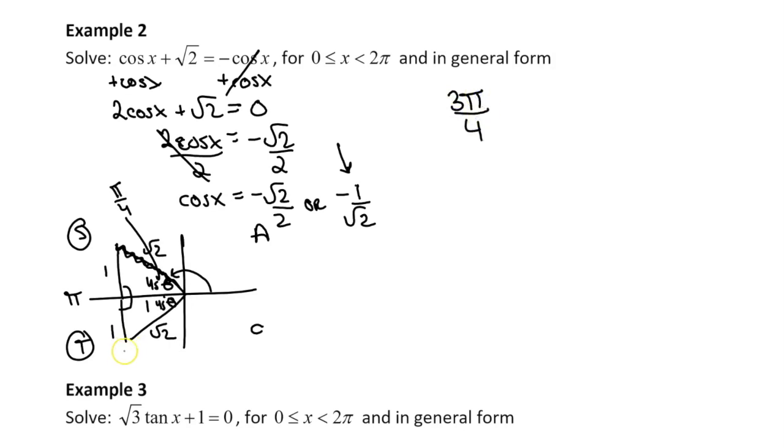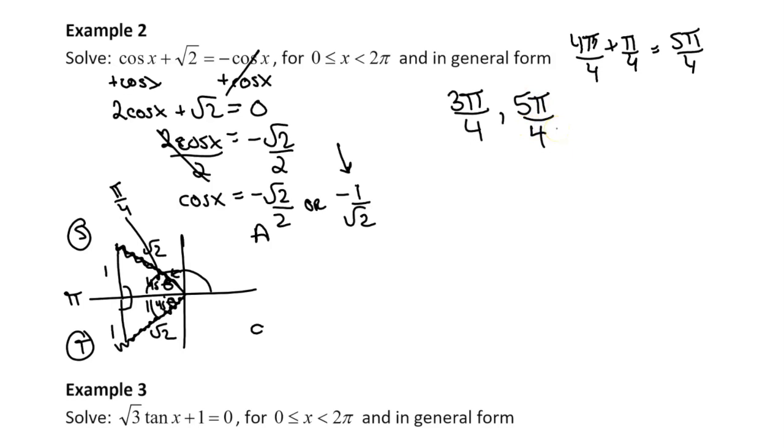Then to find our second solution right here, we would have gone the full halfway plus an additional pi over 4. So you'd have pi plus pi over 4, so 1 full pi plus a quarter of a pi. If you get a common denominator, eventually that's going to add to 5 pi over 4. So these are our two solutions between 0 and 2 pi.